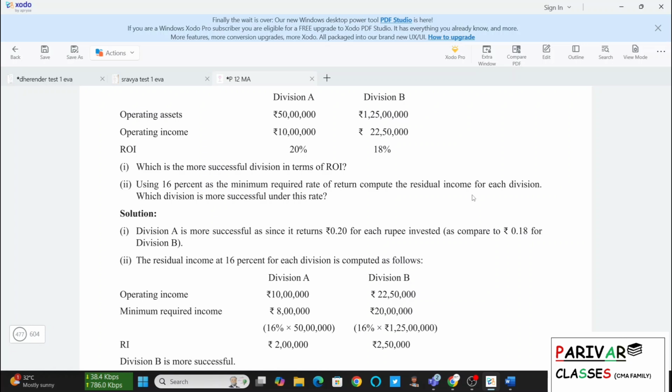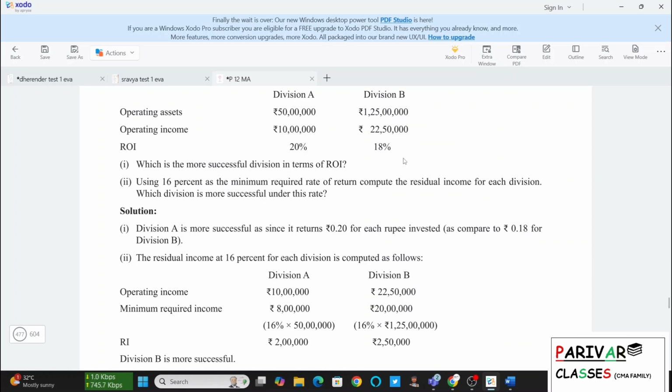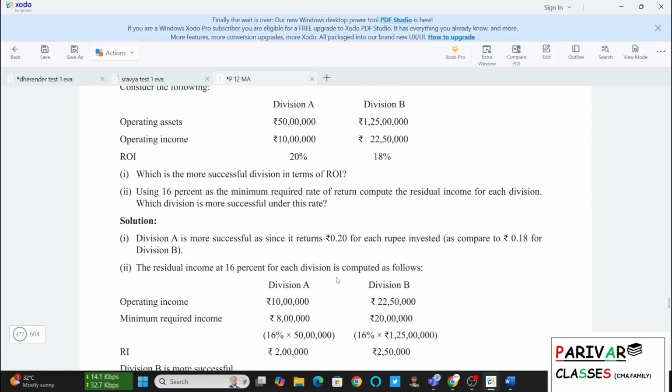We have to think why we are getting two different answers. The 20 percentage, 18 percentage, clear. Here we are looking at a percentage of investment. Here division B has higher investment, so that is why ROI looks somewhat lesser.